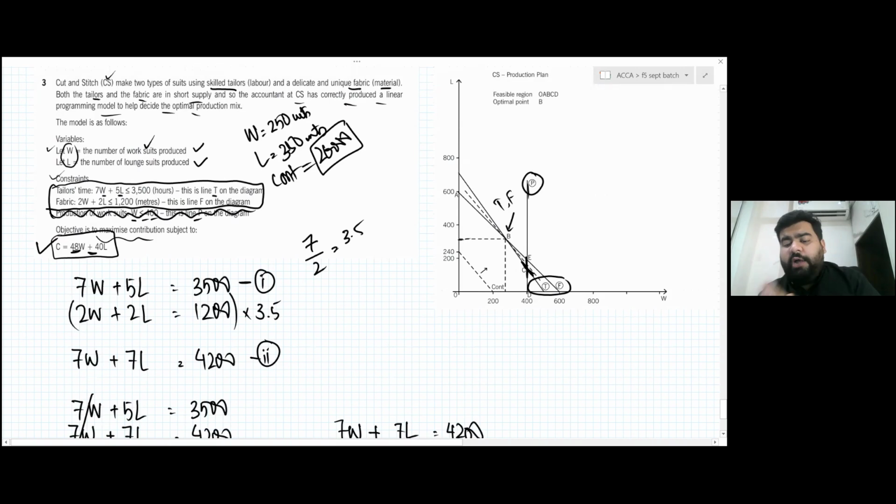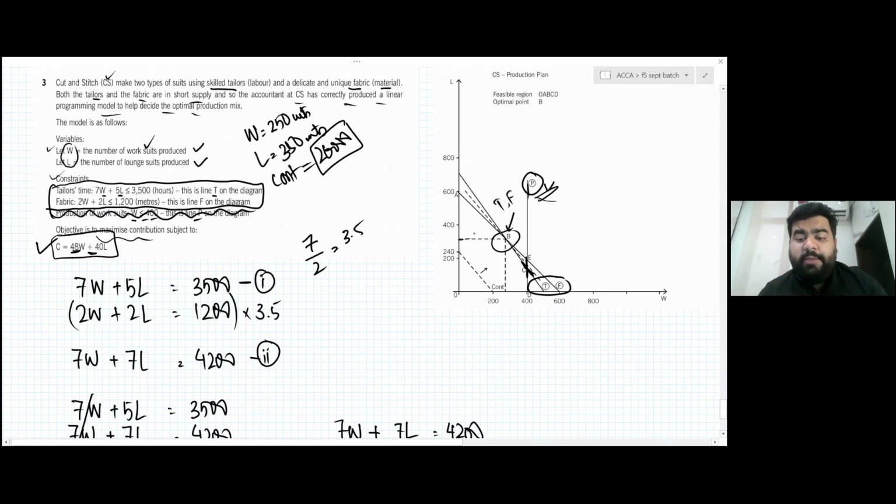When you go to the graph, we come to know that the production graph, this graph of W, is a straight line, and the other two lines are also made. Then we have seen the iso-contribution line, and according to the iso-contribution line, this point B is the optimum point.